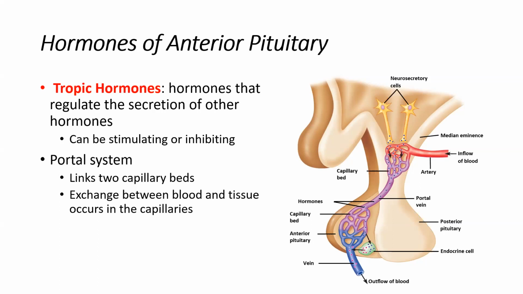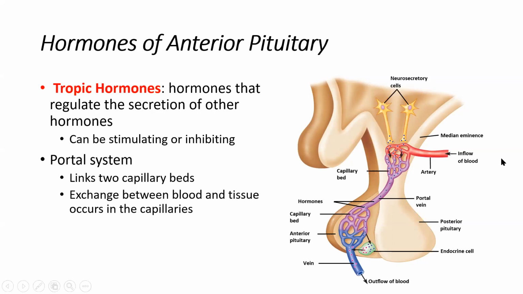So typically, the normal flow of our vasculature goes from the heart out to an artery, then to a capillary bed, and then to an organ or gland or tissue, and then back to the heart. Now, in a portal system, blood flow is going to encounter two capillary beds before it goes back to the heart.